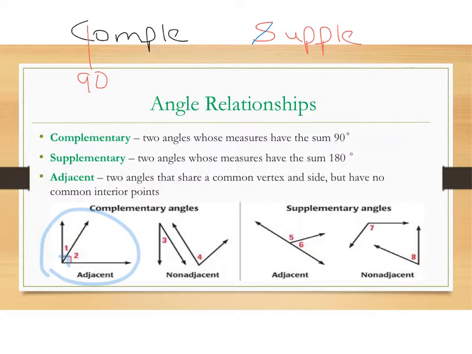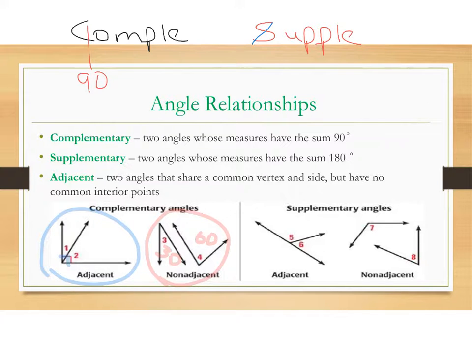But notice with angles 3 and 4, these are non-adjacent. But if I put in some numbers here and I said angle 3 was 30 and angle 4 is 60, I could say that they're complementary, but they're not adjacent.